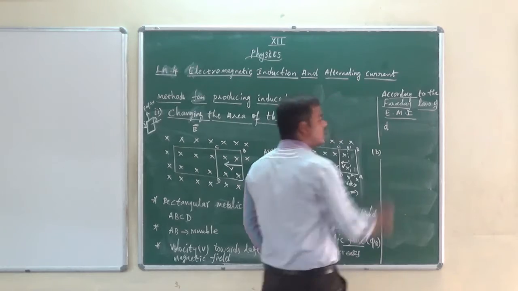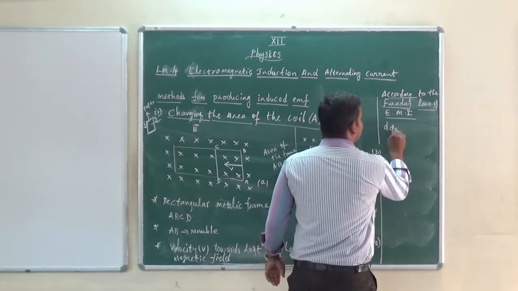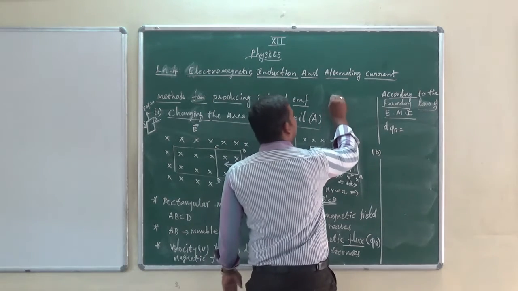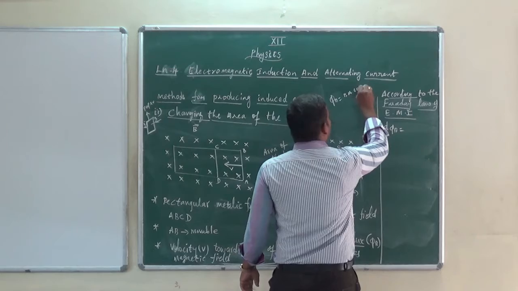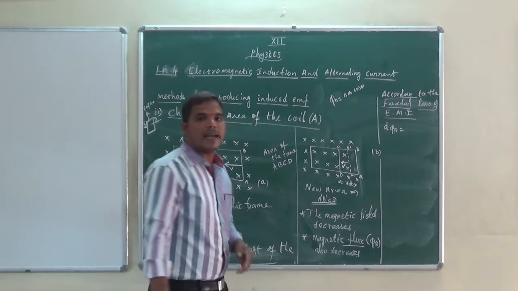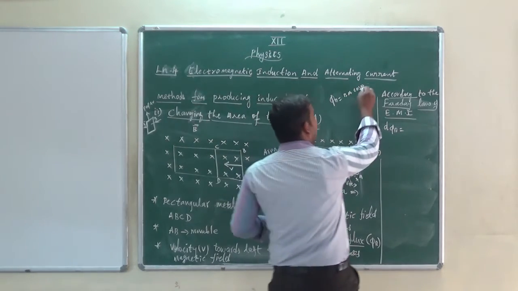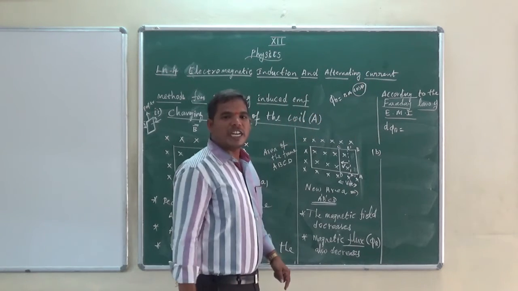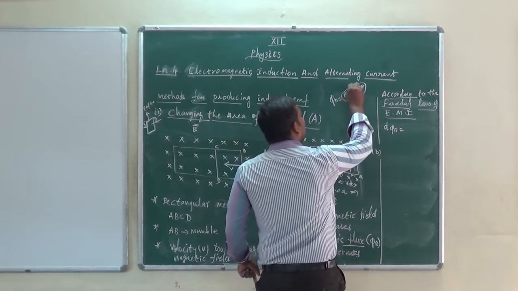The change in magnetic flux, d phi B, equals... Already we have discussed that the magnetic flux is nothing but BA cos theta. Here the orientation of the coil and the magnetic induction are both constant.